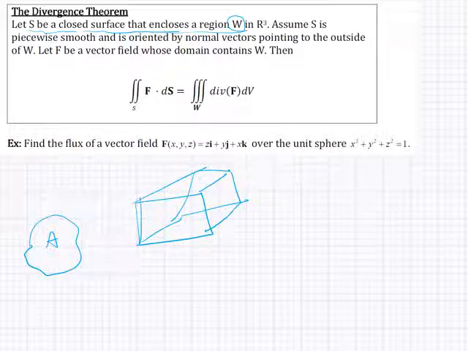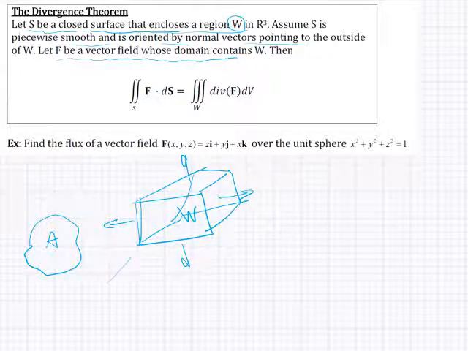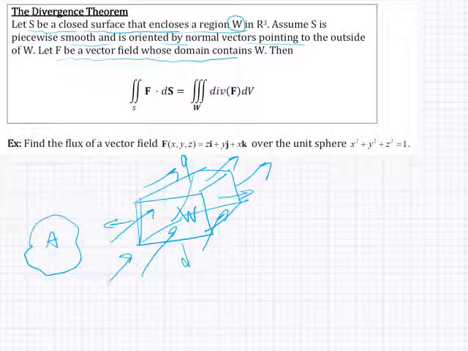But the surface encloses essentially this volume, W. And assume S is what we call piecewise smooth and oriented by normal vectors pointing to the outside of W. So we have these normal vectors that are all pointing kind of to the outside here of W. And F is a vector field whose domain contains W. So the vector field essentially goes through this surface. Okay, so this vector field going through the surface.